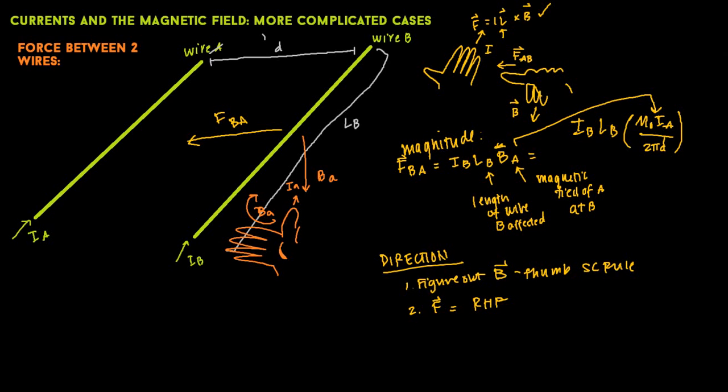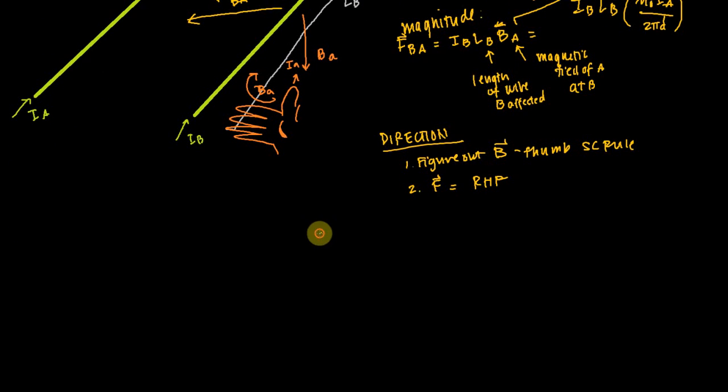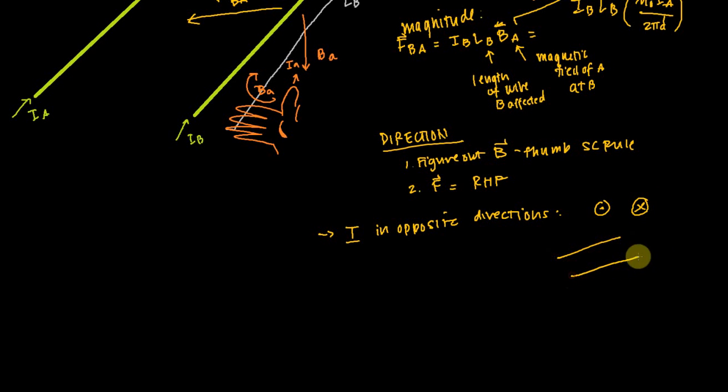We could also use a trick, and that is if you have two parallel wires and the current is flowing in opposite directions. Examples of opposite directions, just so you can have this in your mind, is if you have one current going out of the page and one current going into the page, or let's say you have two wires and one I is going this way and one I is going that way.